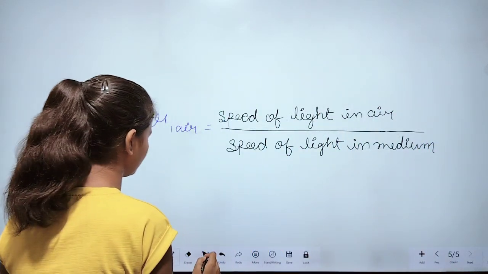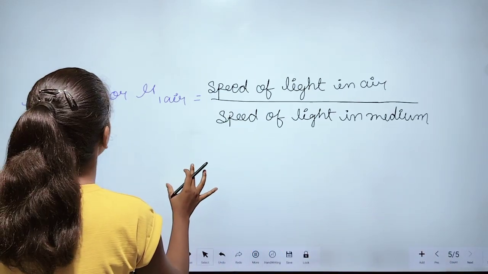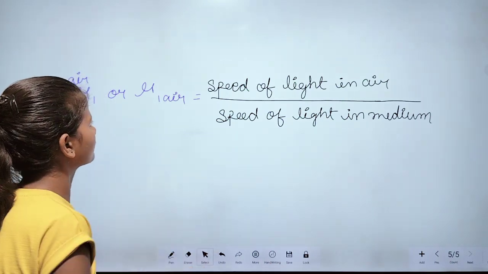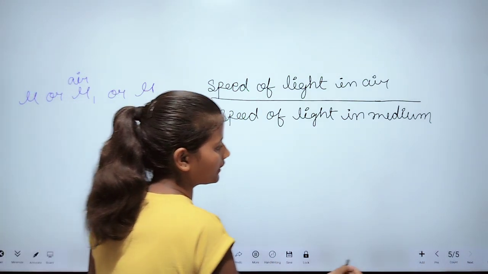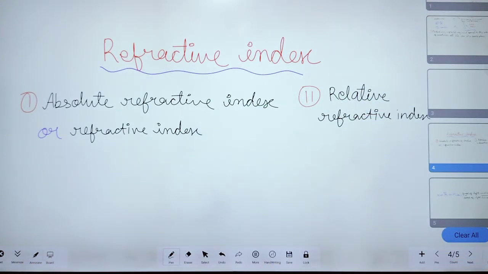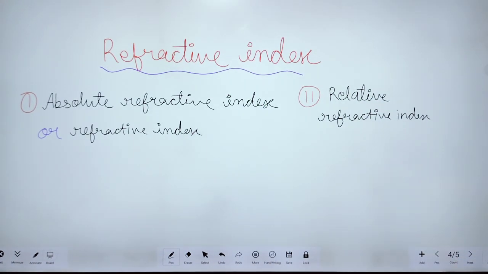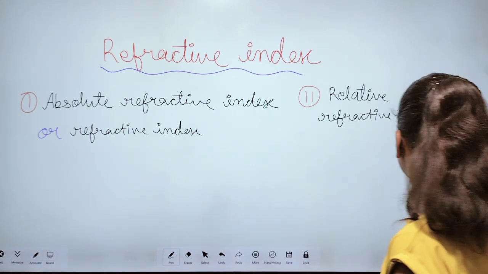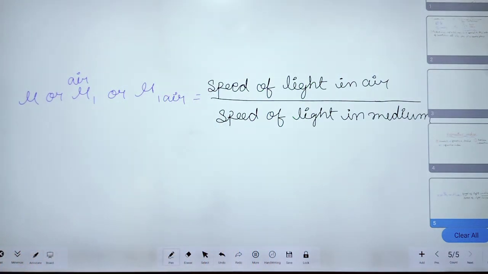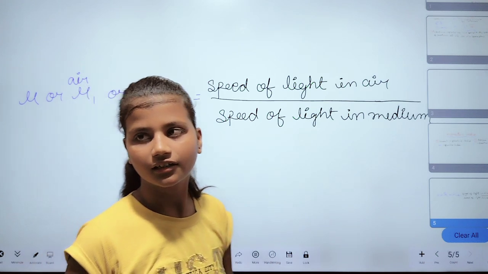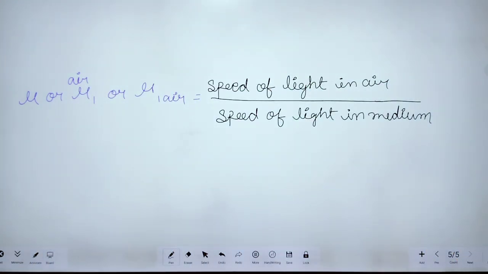Absolute refractive index is with respect to air, and except air, with respect to another medium, it is relative refractive index. So here mu is equal to speed of light in air by speed of light in medium.